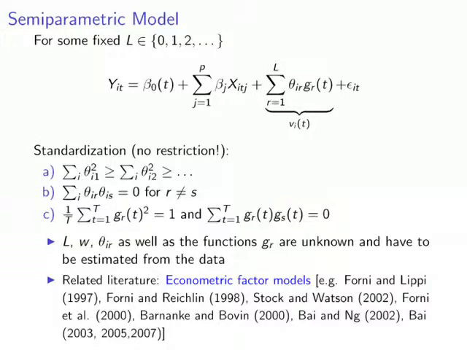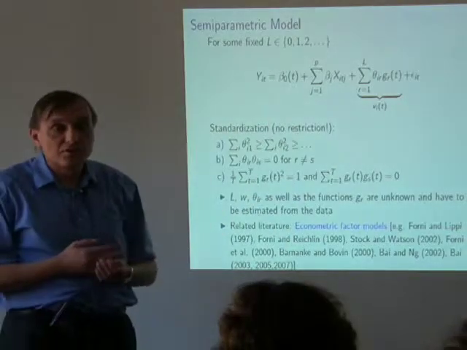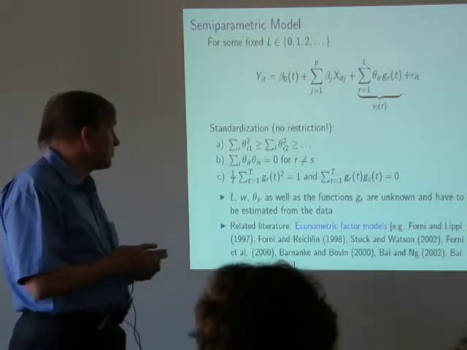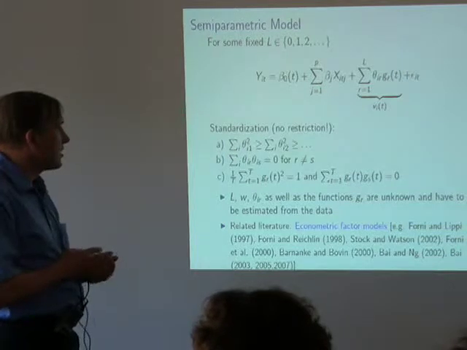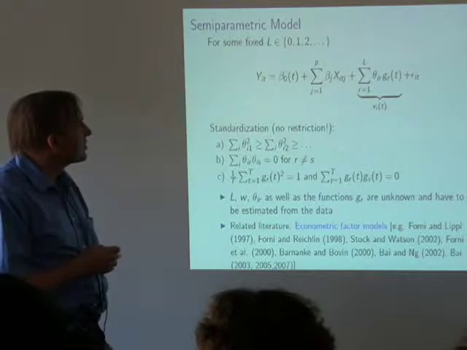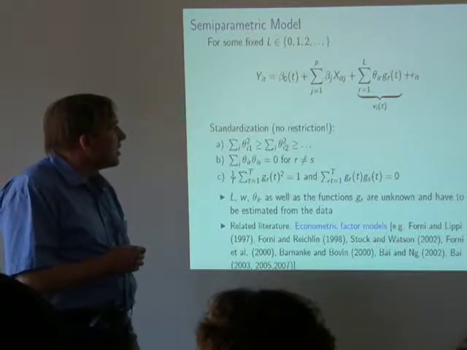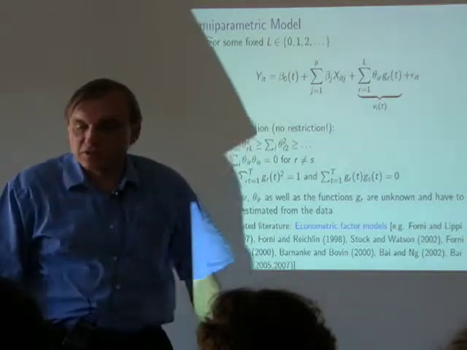But this normalization here is no restriction, and just guarantees that the solutions, the G's that result, are just the eigenvectors of the empirical covariance matrix. Okay? So that's just the reason for this type of normalization. And the L and all these things are unknown and have to be estimated from the data. Okay? And usually I really concentrate on this thing, also the beta 0, the mean doesn't interest me so much.